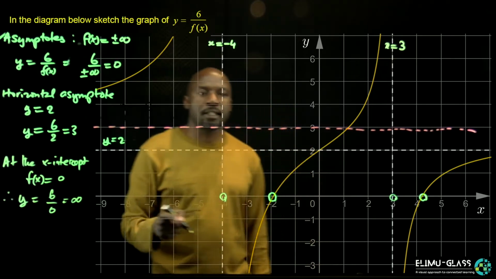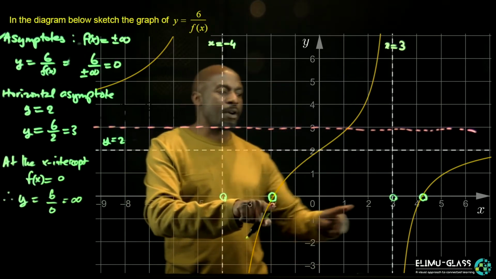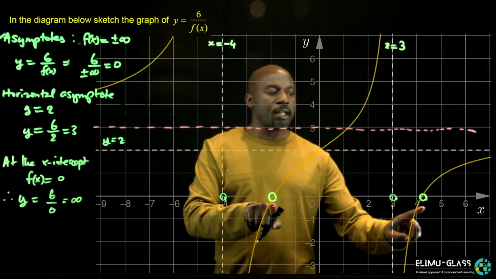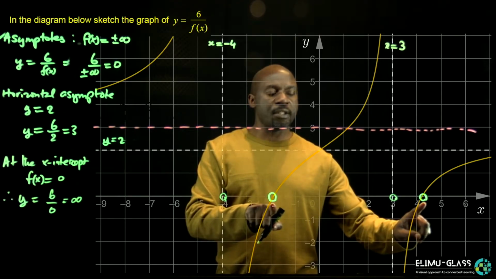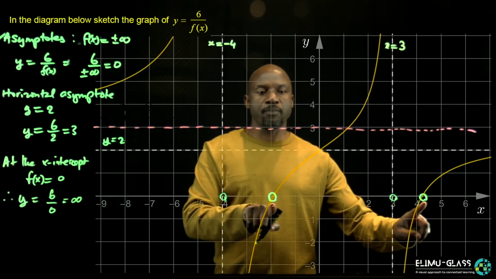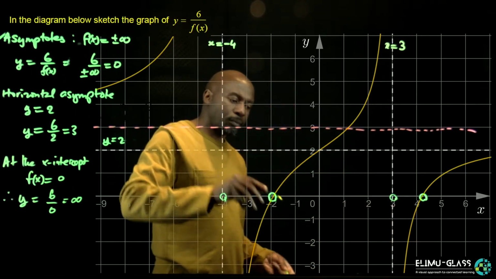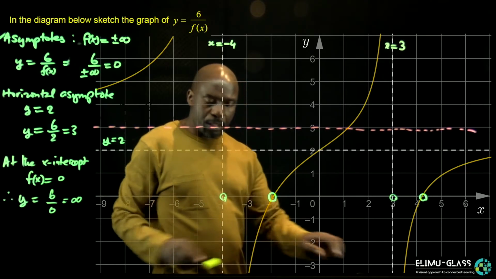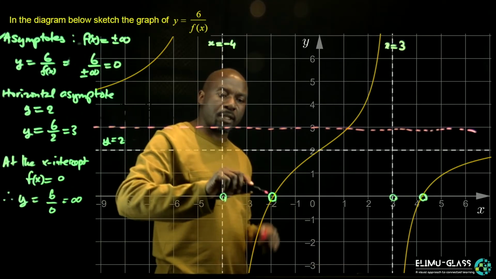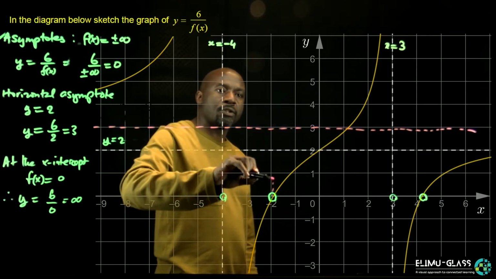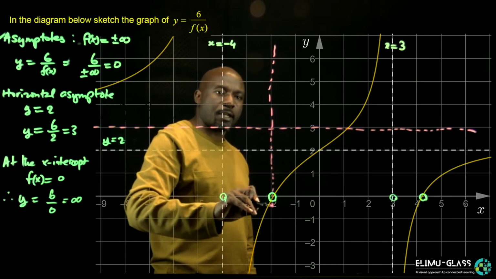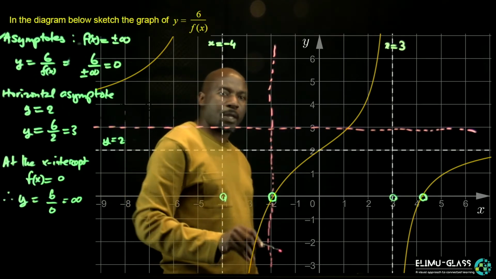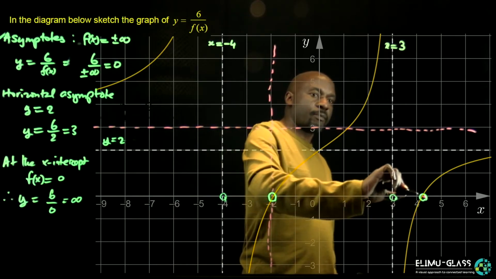So we expect that at the intercepts of our function f of x, the reciprocal function will have its vertical asymptotes. Again, let me use pink so that we know this clearly refers to the vertical asymptote. So there is a vertical asymptote here, and there is a vertical asymptote here.